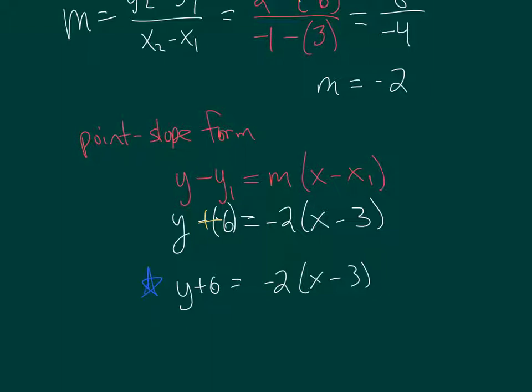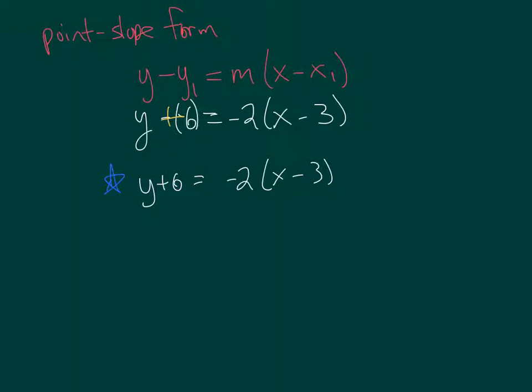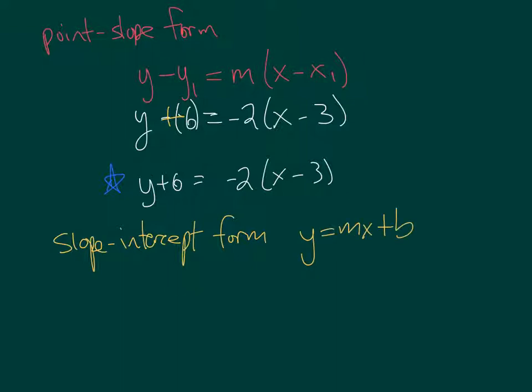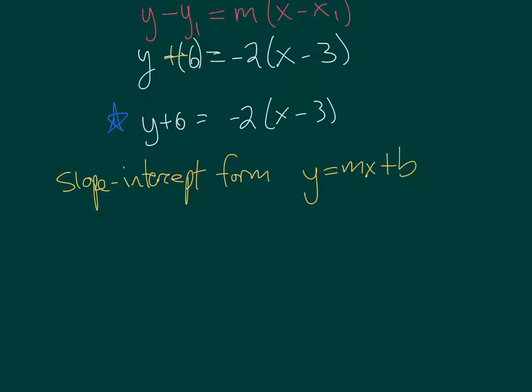Okay, now we have to rewrite this equation in slope-intercept form, which is just y equals mx plus b. Alright, we can do a little bit of simplification. We just basically need to get y all by itself on the left-hand side.